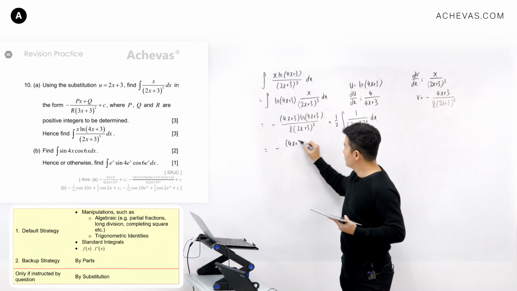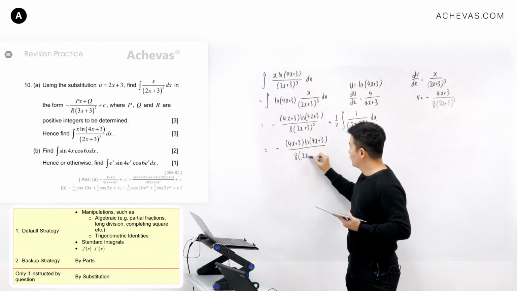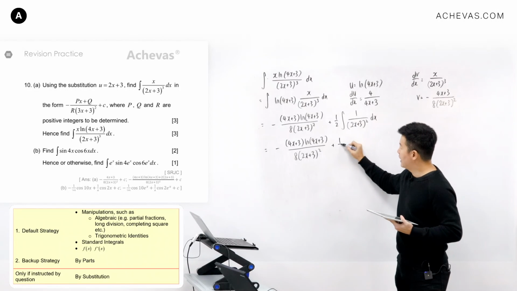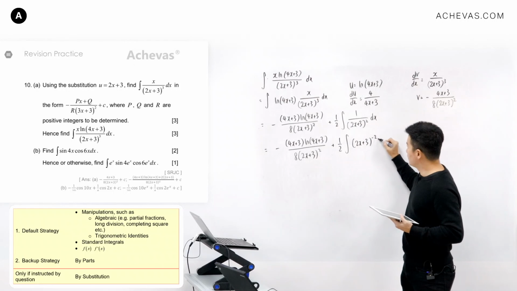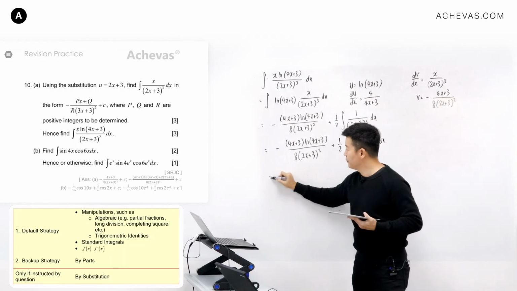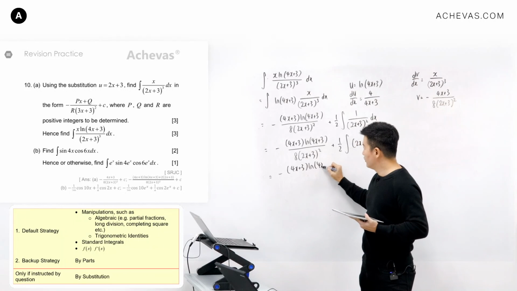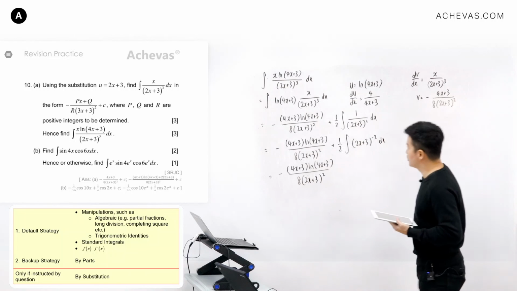So we have this, plus 3 ln(4x + 3) divided by 8(2x + 3)², plus half, rewriting this as (2x + 3) to the power of minus 2. Then this will be this, plus 3 ln(4x + 3) divided by 8(2x + 3)².